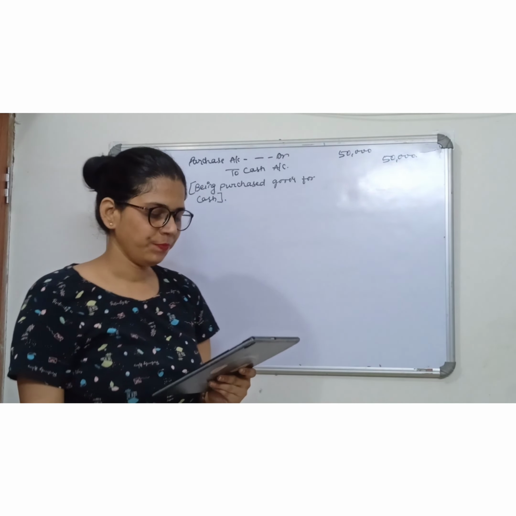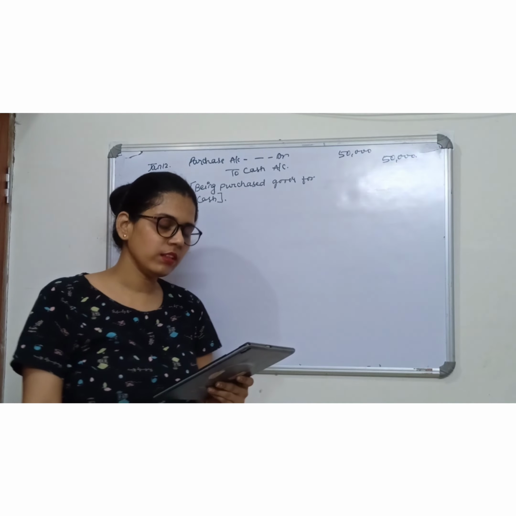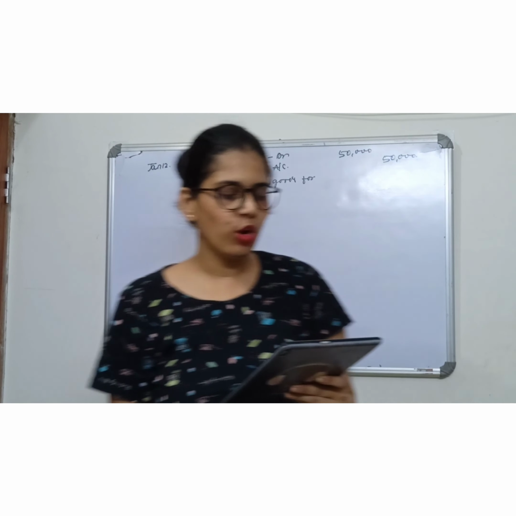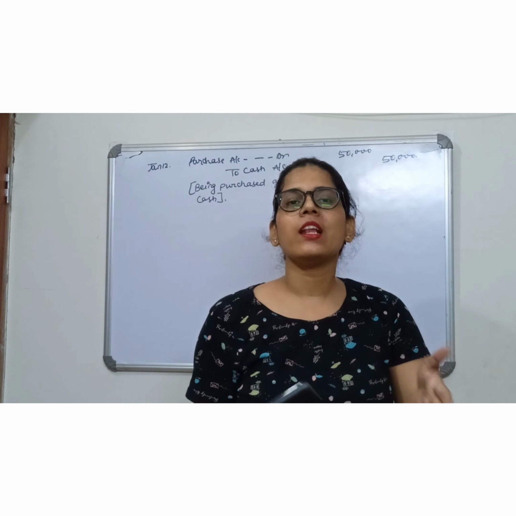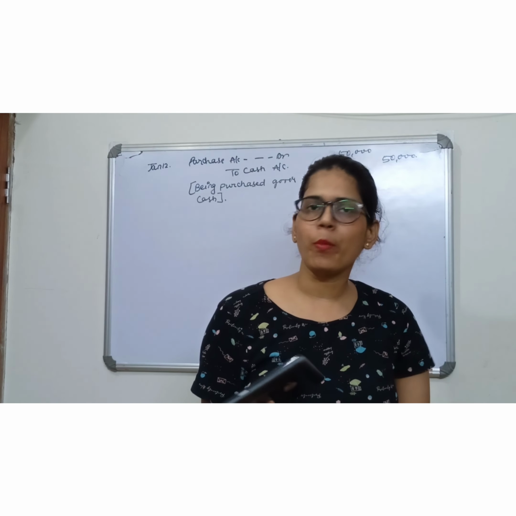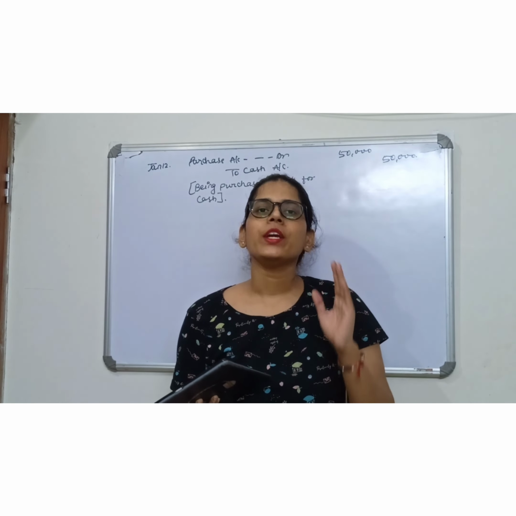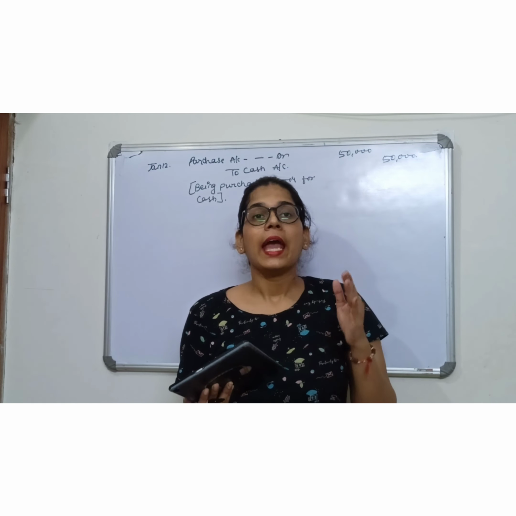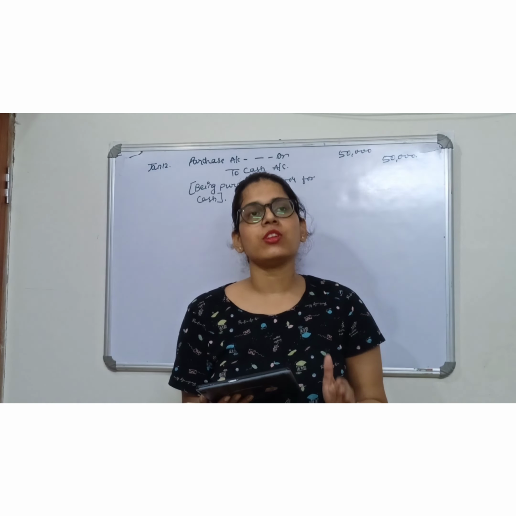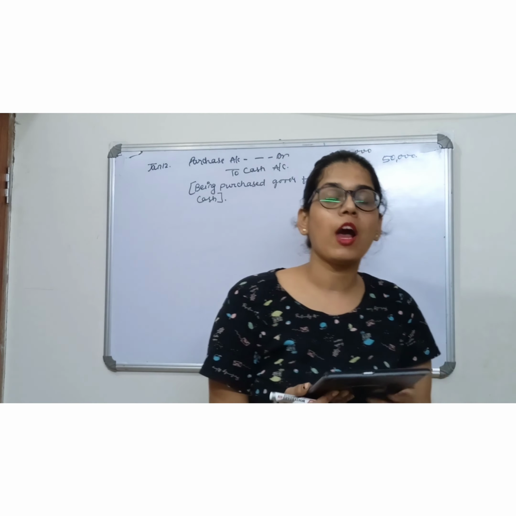Moving ahead, the company has then sold goods worth rupees 18,000. Now again sale will come under the head nominal account and sale is an income, right? It needs to be credited, and the sale transaction has been made for cash. Now how do I know?